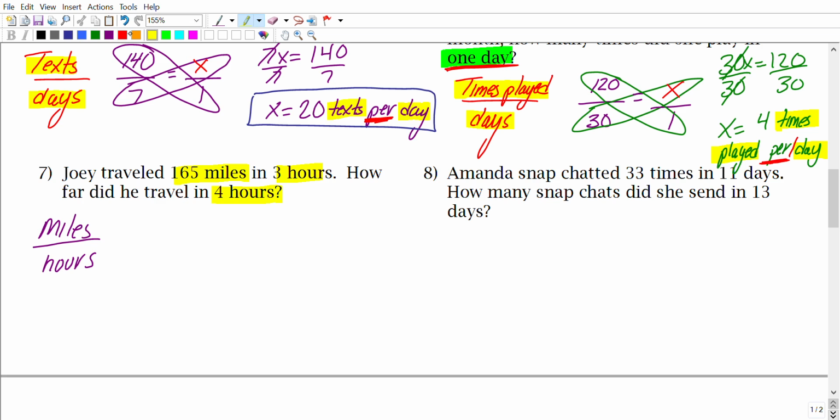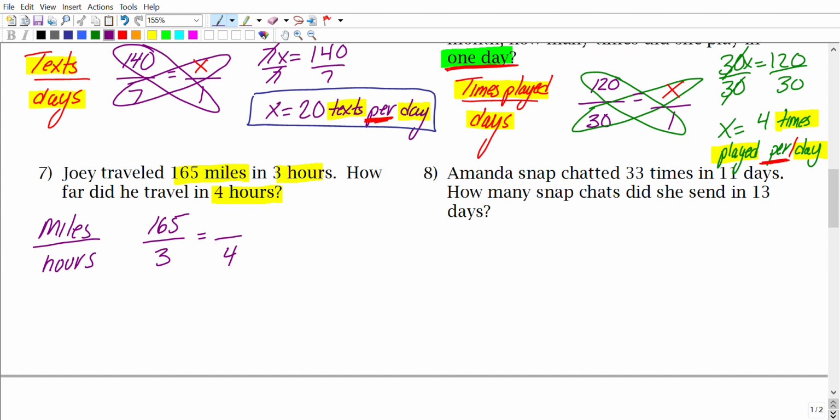Okay. So let's go ahead and write down the information that we know. So right away we know that we have 165 miles over 3 hours. Now here we have not a 1 for my hours, but we have in this case a 4. We want to know how far did he travel in 4 hours.